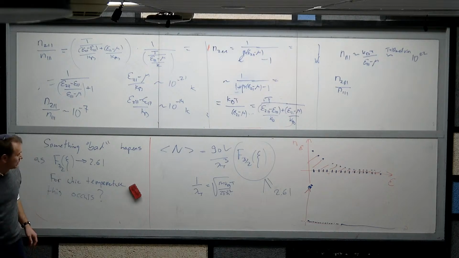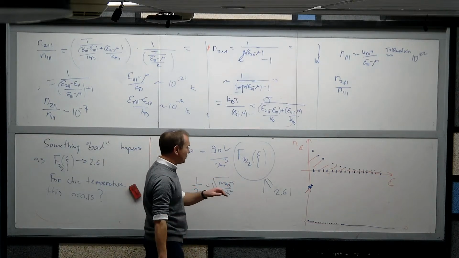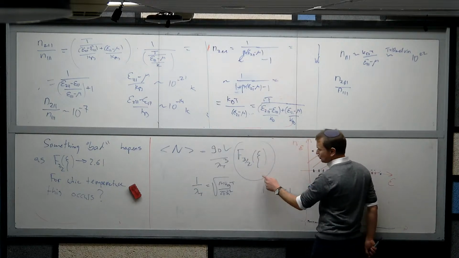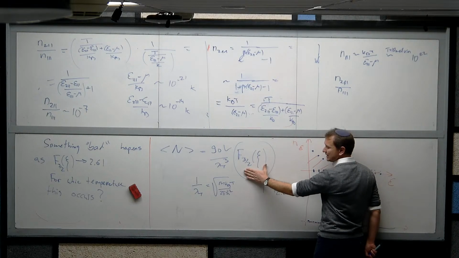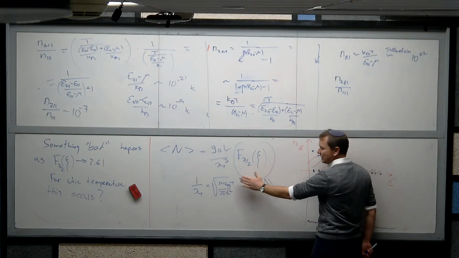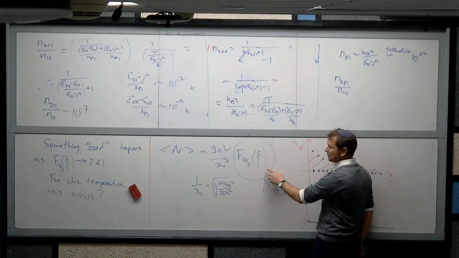Okay. So let's put back everything and assume that this guy is exactly 2.61, and let's find the temperature for which this funky behavior occurs.